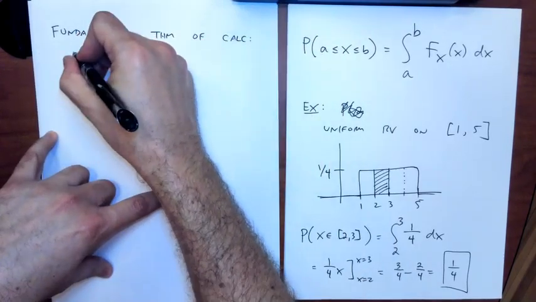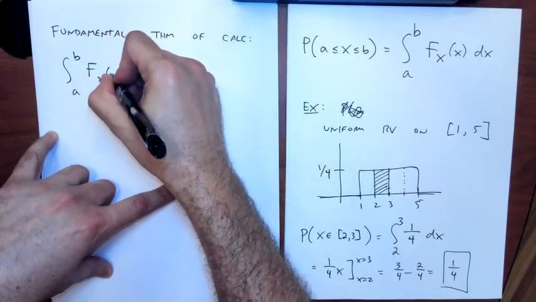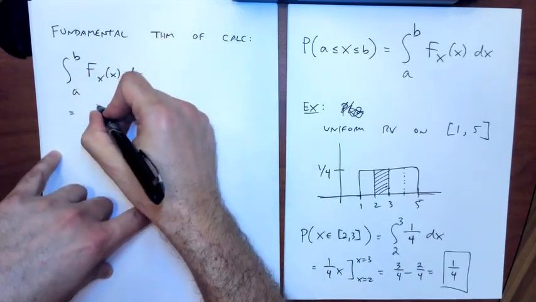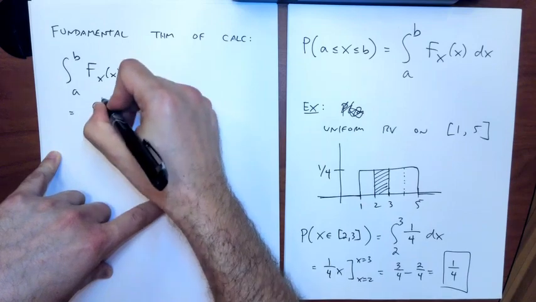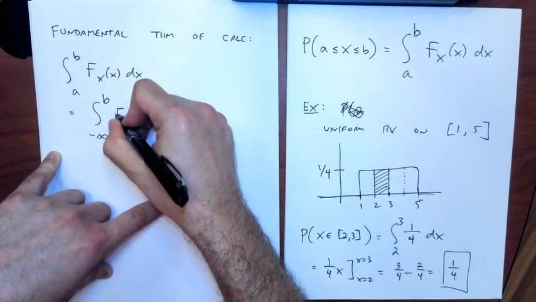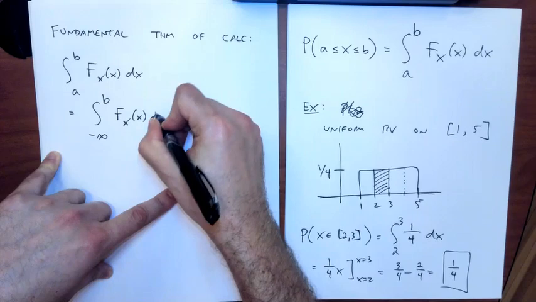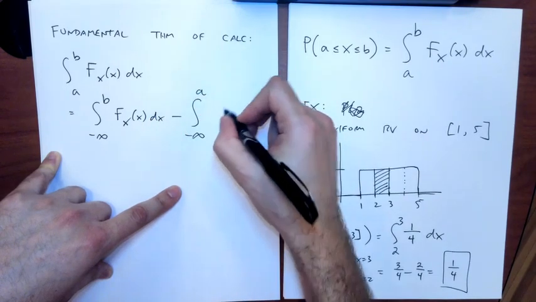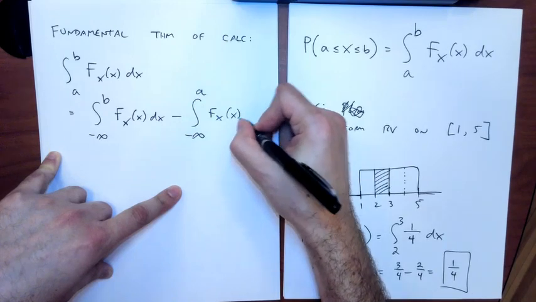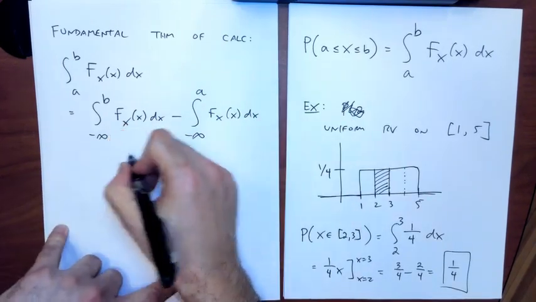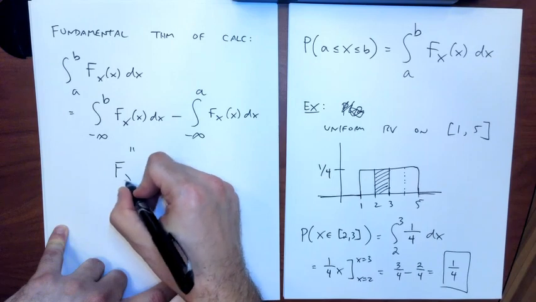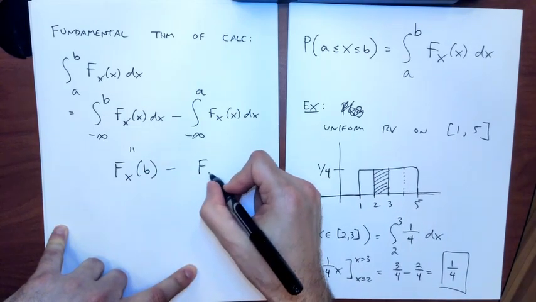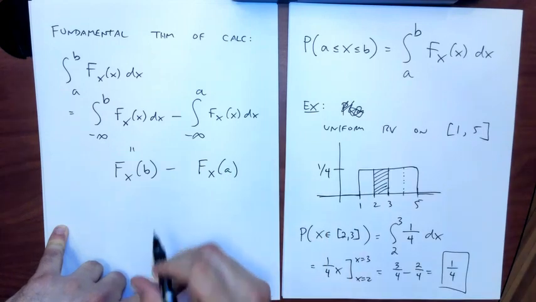It's basically saying if I integrate some function from a to b, that's the same thing as integrating that function up to b and subtracting integrating that function up to a. And that's exactly what we defined as the CDF, right? This is like basically saying the antiderivative or the integral at the endpoints.